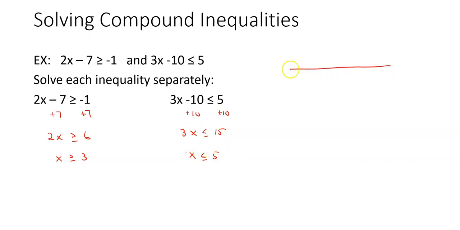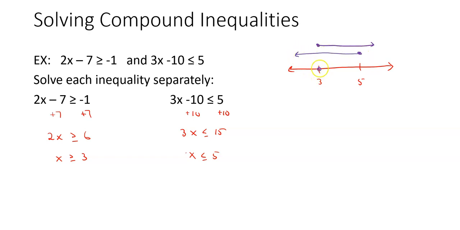Right, let's see where things overlap. Graph it on a number line. That'll help me. So the x values that are greater than or equal to 3. So I'm going to do a little scratch work to see if I can find where they overlap. So greater than or equal to 3 works from here to the right. Less than or equal to 5 works from here to the left.